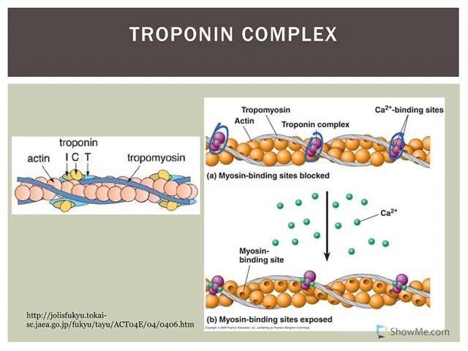Now, I do have to mention tropomyosin before I tell you about I, C, and T. Tropomyosin, you'll see, is this strand, in gray on the picture, that's coiling around the actin molecule. When calcium levels in the sarcoplasm are low, it physically covers a myosin binding site, which you see over here.